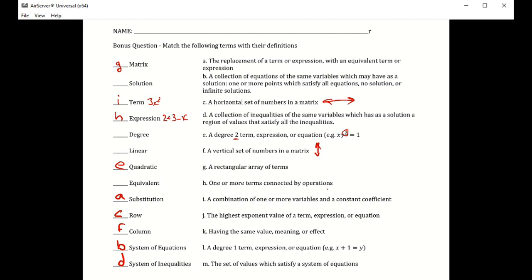Highest exponent value of a term, expression, or equation, this is going to be our degree. So that's the exponent, whatever the exponent is. Having the same value, effect, or meaning, equivalent. Okay. A degree 1 term, expression, or equation, such as x plus 1 equals y, should look familiar. It's a line, so a linear. And a set of values which satisfy a system of equations would be our solution.